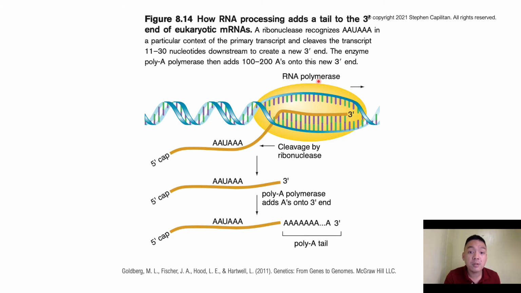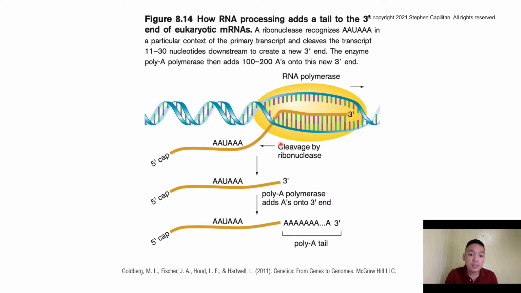So a ribonuclease will recognize AAUAAA in a particular context of the primary transcript, and then cleave the transcript 11 to 30 nucleotides downstream to create a new 3' end.